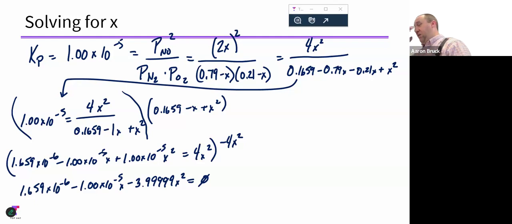Now, this is the part of the program where you take careful note of the fact that we have not banned graphing calculators in Chem 106.